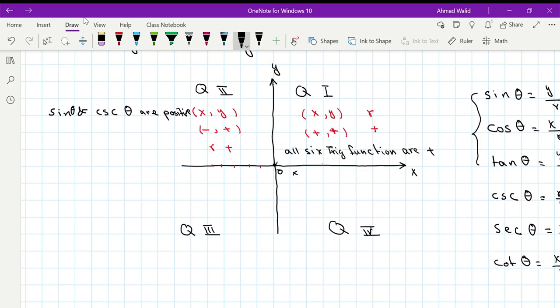Correct? I will not do the same thing with quadrant 3 and 4.